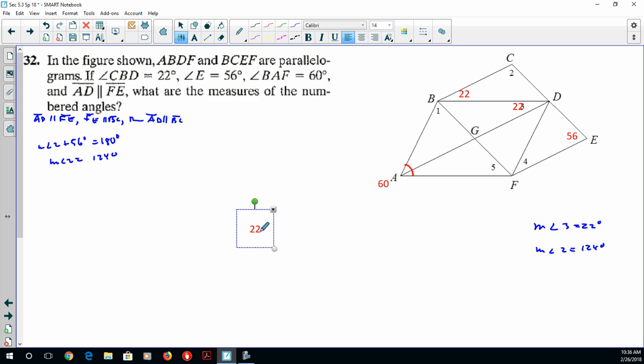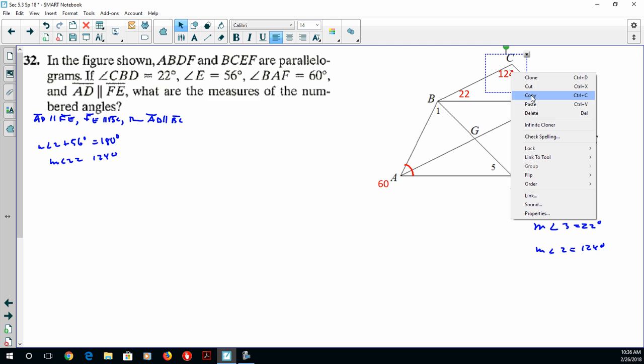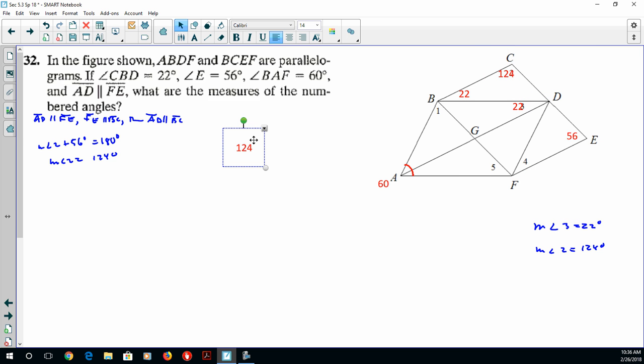Now, does this show up anyplace else? Sure it does. Okay, what do we know? BCDG is a parallelogram, just like BCEF is. And when you have a parallelogram, opposite angles are congruent. Plus, those two things are 124 degrees because they are vertical angles.